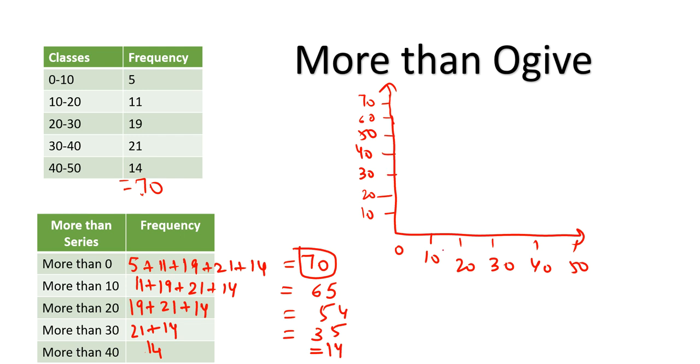And simply mark the ogive as more than 0 means 70. More than 10 means 65. Then against 20 we have 54. Against 30 we have 35. Against 40 we have 14. So we'll simply join this curve.